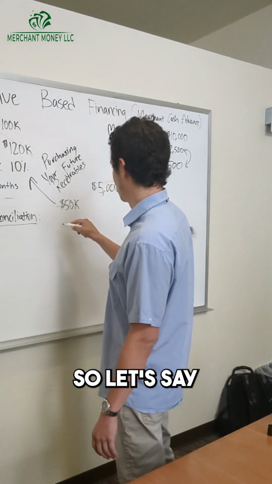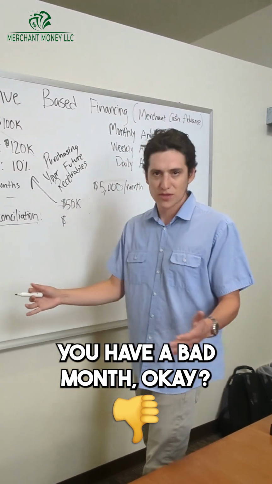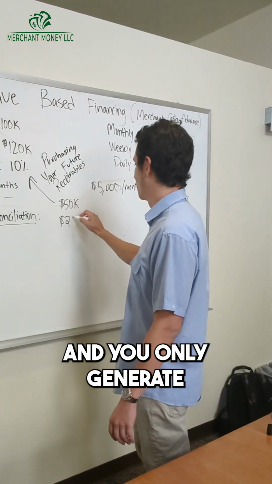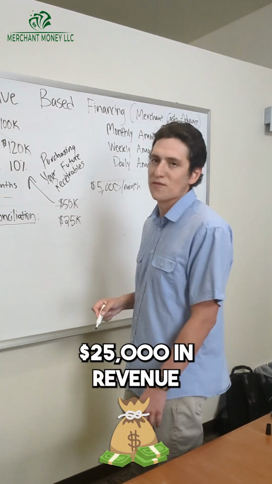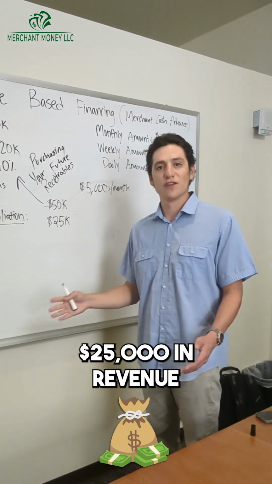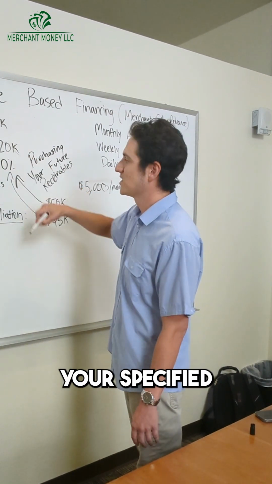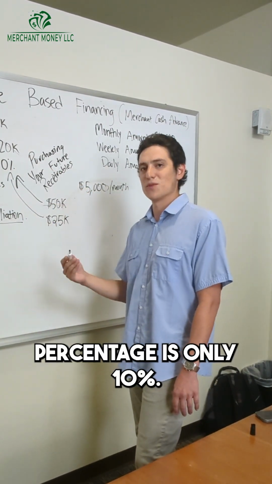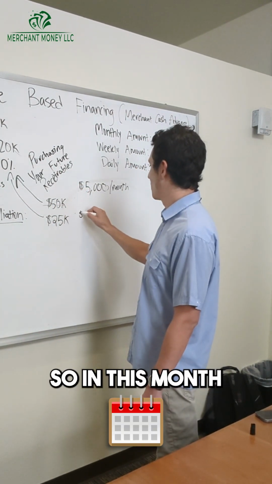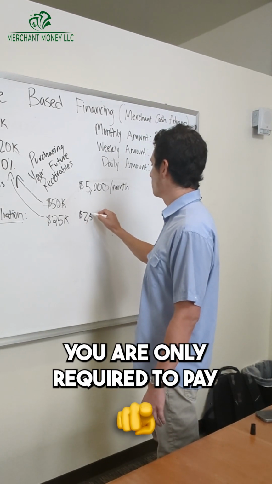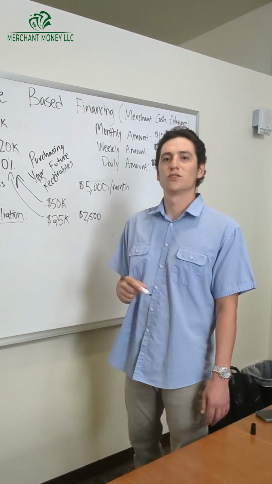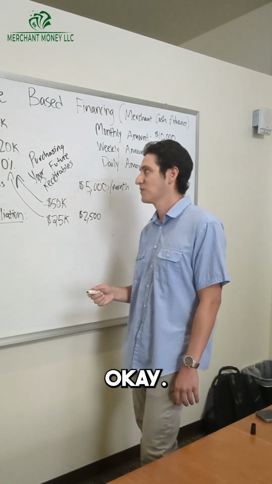So let's say you have a bad month, okay, and you only generate $25,000 in revenue in that given month. Again, your specified percentage is only 10%. So in this month, you are only required to pay $2,500, okay?